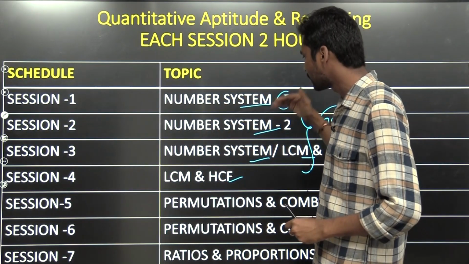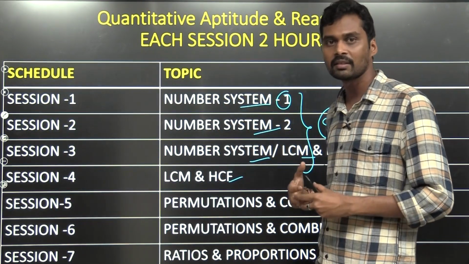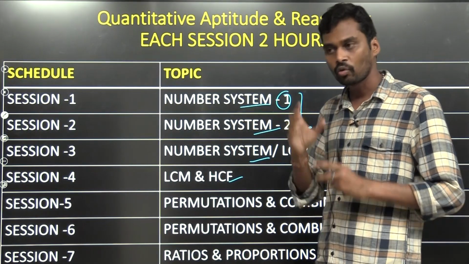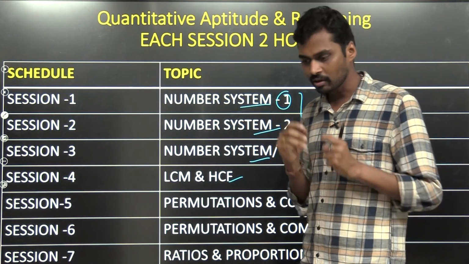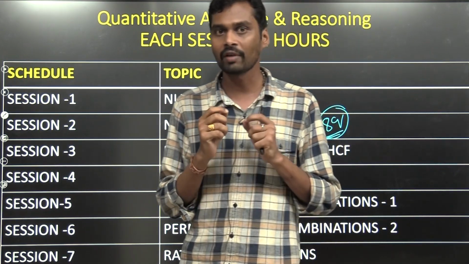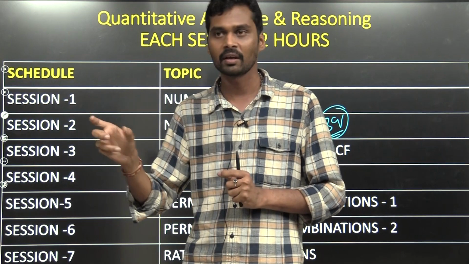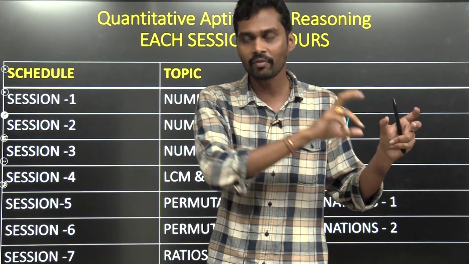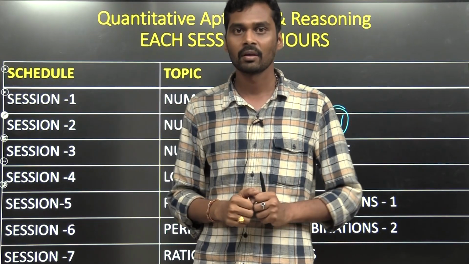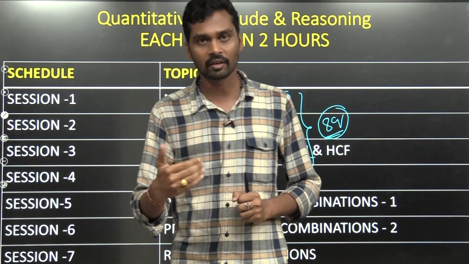So for number system and LCM and HCF, what concepts are we going to expect from UPSC? Because every exam has its own flavor of questions. If you write some exam, it has a set of questions. If you write another exam, it has a different set of questions, even though the subject is the same.